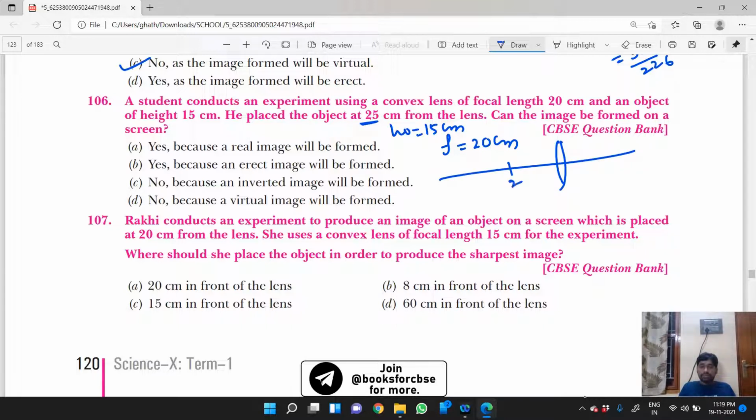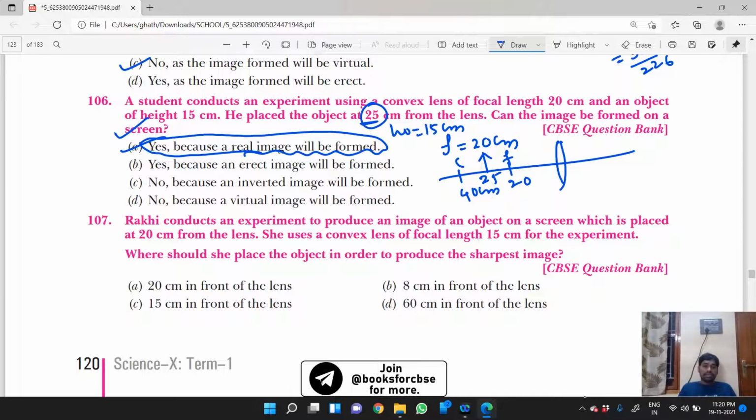The focal length is 20, so the center of curvature will be 40. The object distance is 25, which means it is placed between C and F. He is asking whether a clear image is formed on the screen. Yes, absolutely, it will form. A real, inverted image will be formed on the screen. So answer A is correct here.